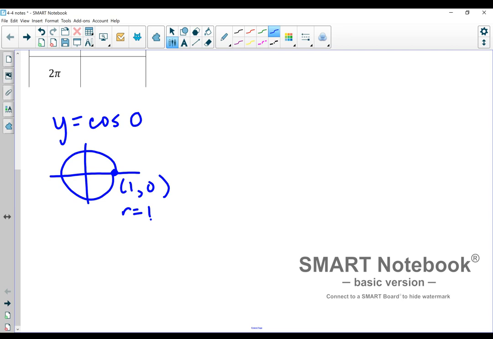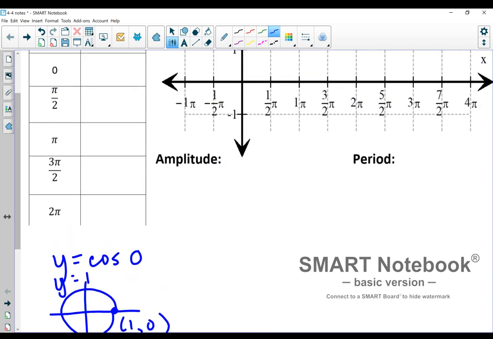I think what's weird here is that this x and this y is different than the x and y I started with. This is the x and y on the unit circle to find the cosine. Y is going to be whatever the cosine of 0 is. So I'm looking for this y, which is really x over r, and 1 over 1 would just be 1. So my y is going to equal 1. I'm going to go up to my table and put that one down.